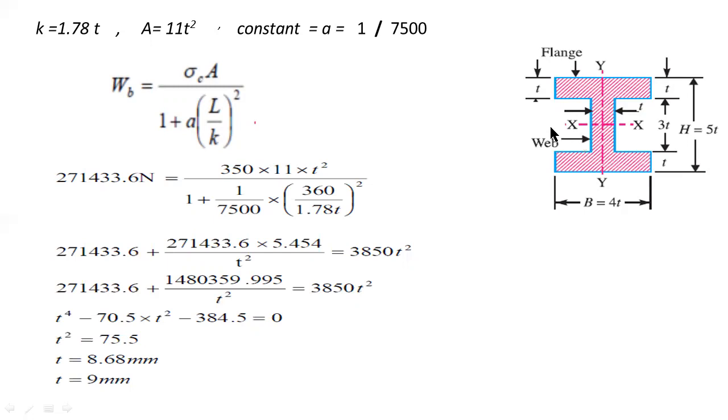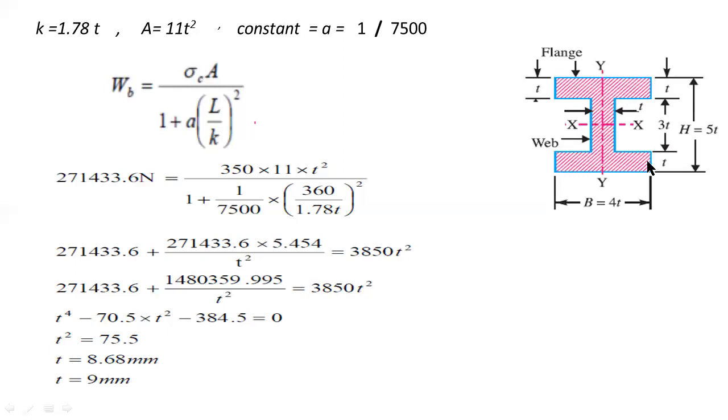So first of all, you have to divide this I cross section into three rectangles. So you have to consider the top rectangle as the top flange. Top flange having width 4t and thickness t. So area of the top flange equals 4t square, and the area of the bottom flange equals 4t into t, that is also 4t square.